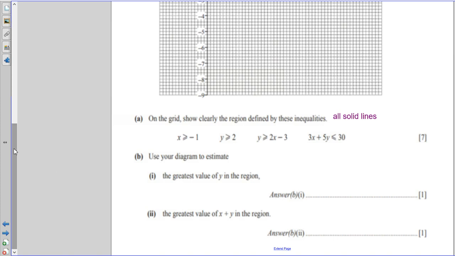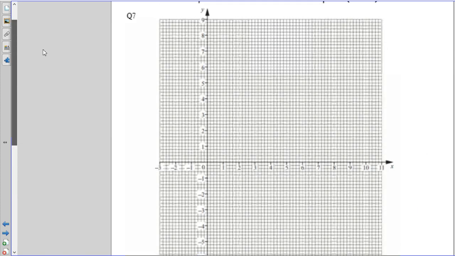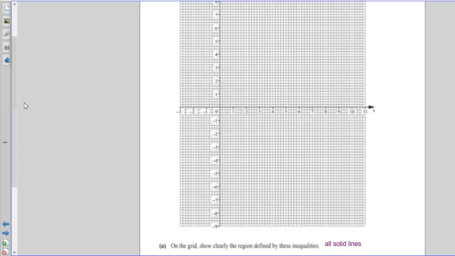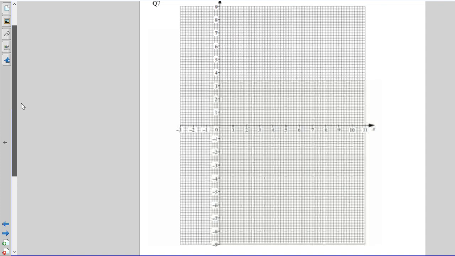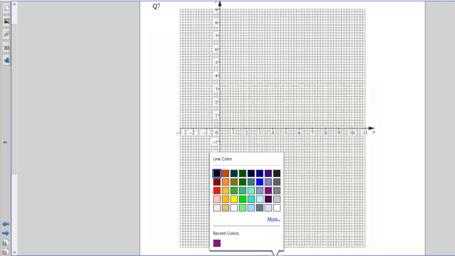Let's do the first one. x equals -1. We need to do a solid line through x equals -1. I might just zoom out a little bit so I can see the whole graph a bit easier. Okay, so now we're doing x equals -1. Let's see if my line tool is going to work nicely. And I might do that with a nice red. -1.